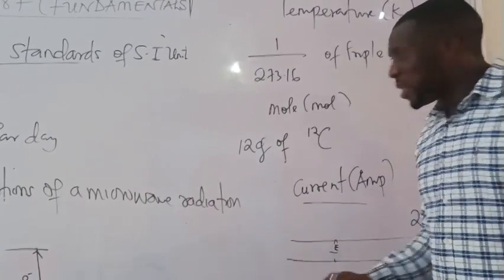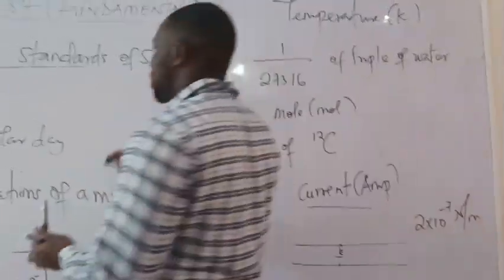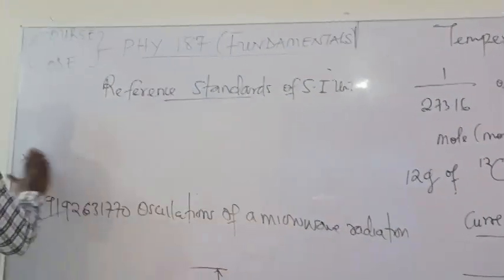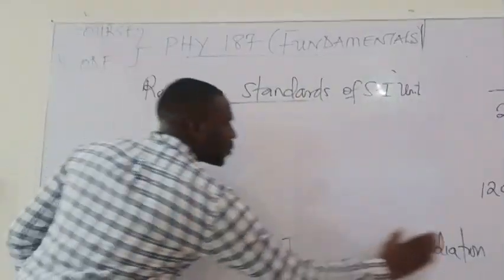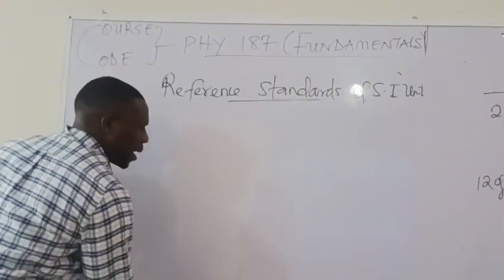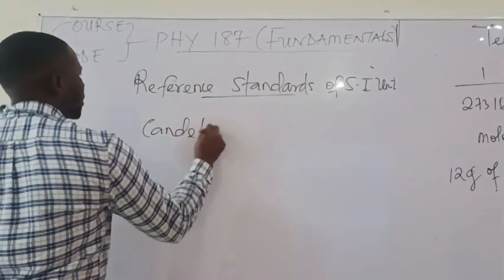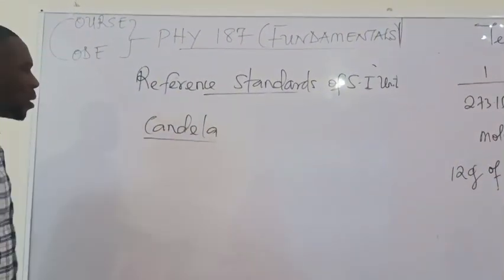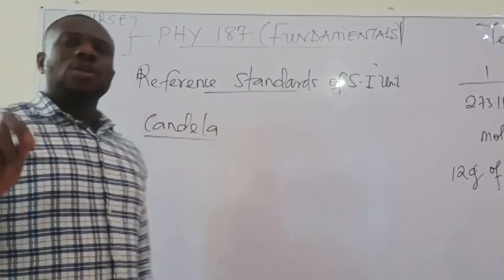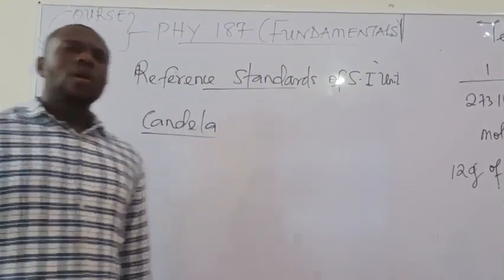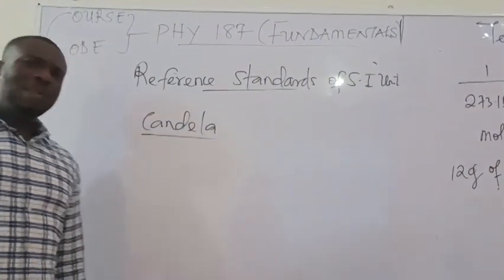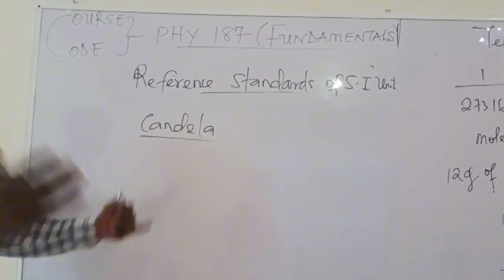Then the last but not the least is the luminous intensity, which is candela. Candela was defined as follows: in a given direction of light emitted, there was a particular radiation being emitted.